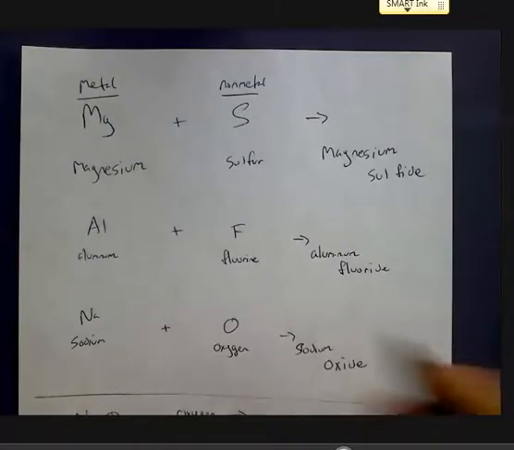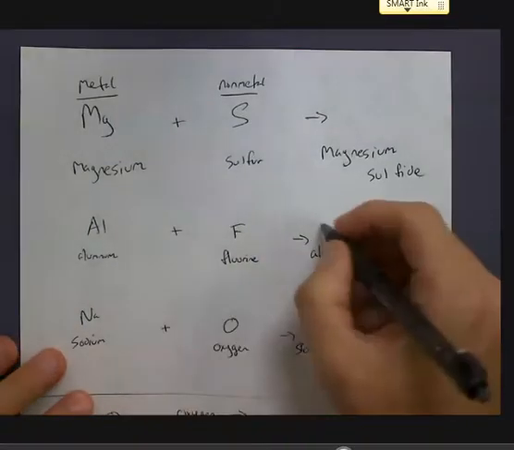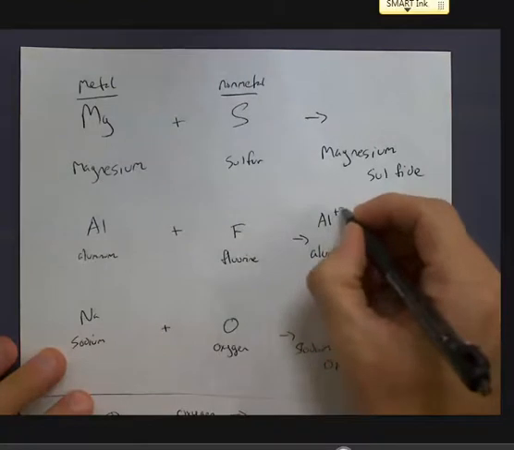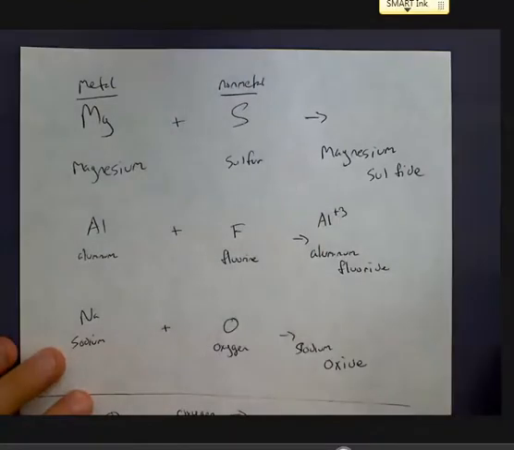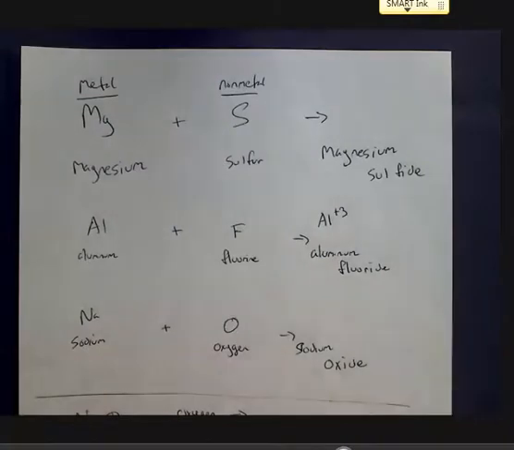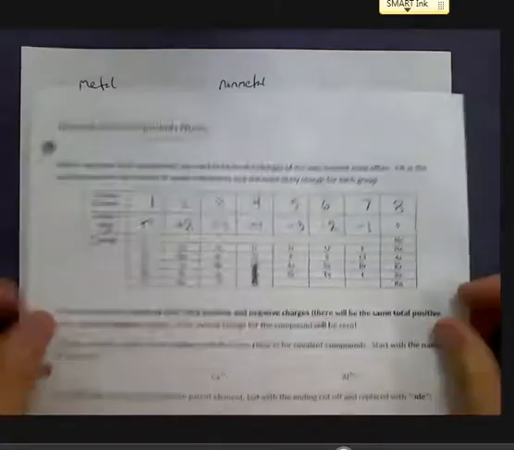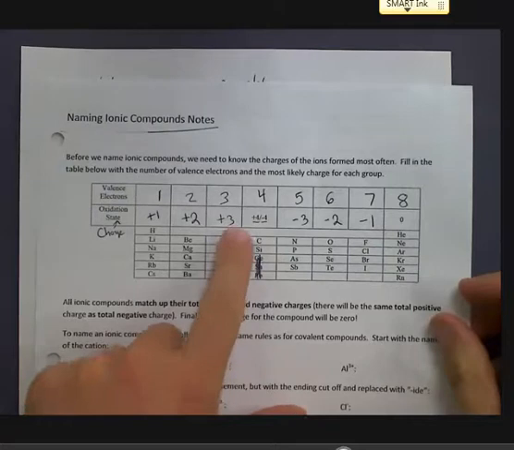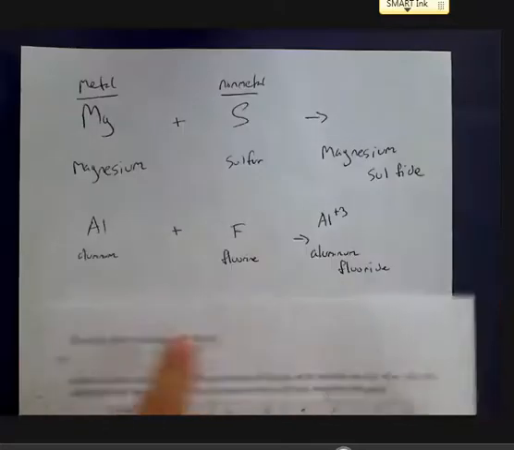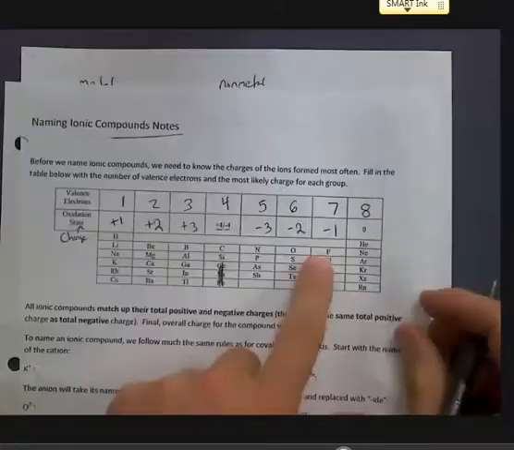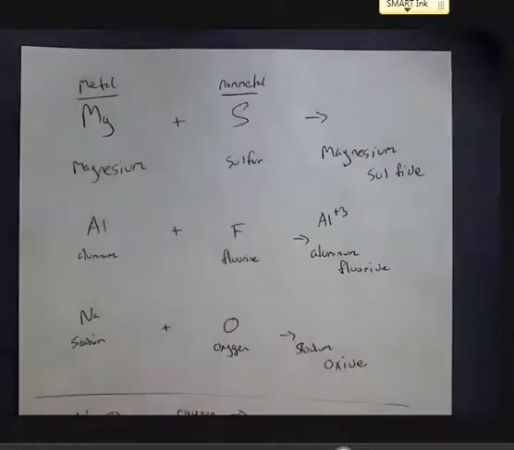Aluminum, we know, wants to be a +3. We take a look at our chart we wrote previously. We find aluminum here, and it wants to be a +3. What's our other one? Fluorine. We find fluorine here, and it wants to be a -1.